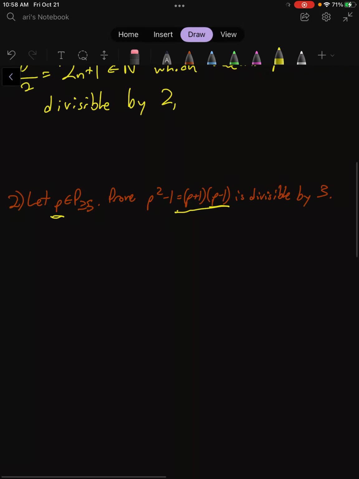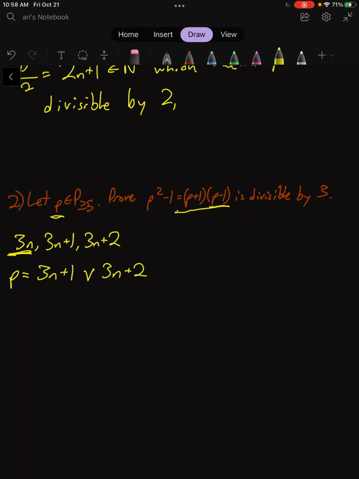So instead, remember how we could also describe all the primes, or all the natural numbers actually, as 3n, 3n plus 1, or 3n plus 2. And we know that 3n is divisible by 3. It has this obvious factor of 3. So for primes greater than or equal to 5, they're not going to be able to take the form of 3n, which means that p equals 3n plus 1 or 3n plus 2.